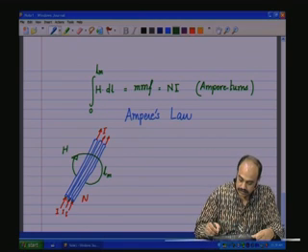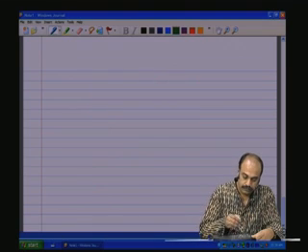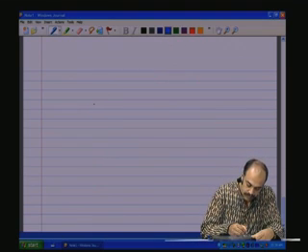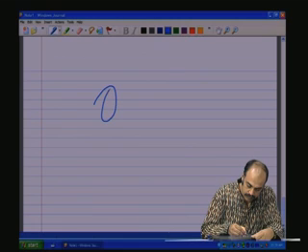So, this means that if you have a coil, let me draw the coil.